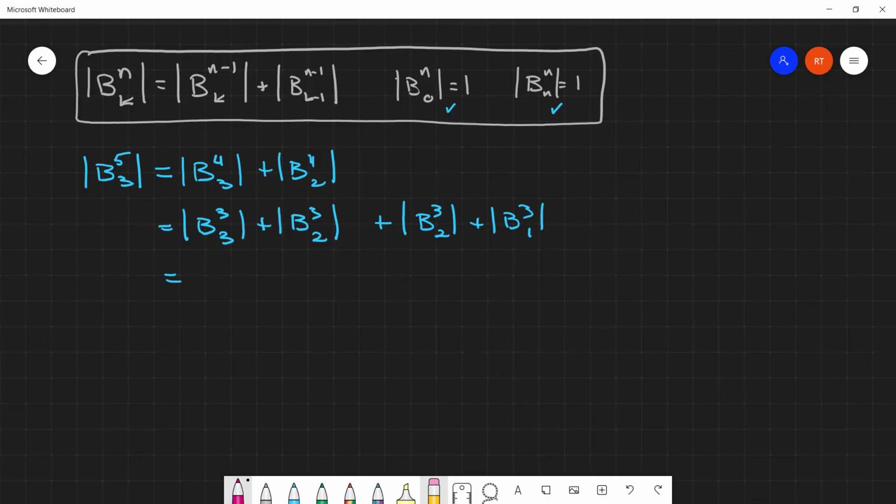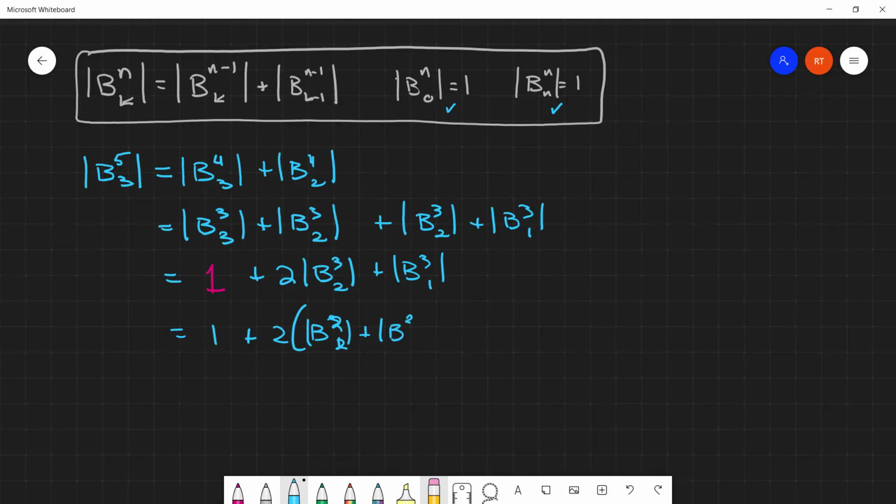Now I'm going to do a couple of things here. First of all, B33 equals 1, because that's one of our special cases. Second, I see two copies of B32, so I'm just going to combine those into one. I have B32 and B31, and again, I don't know the values of those, but I can keep applying the recurrence relation to simplify. B32 becomes B22 plus B21, and B31 becomes B21 plus B20.